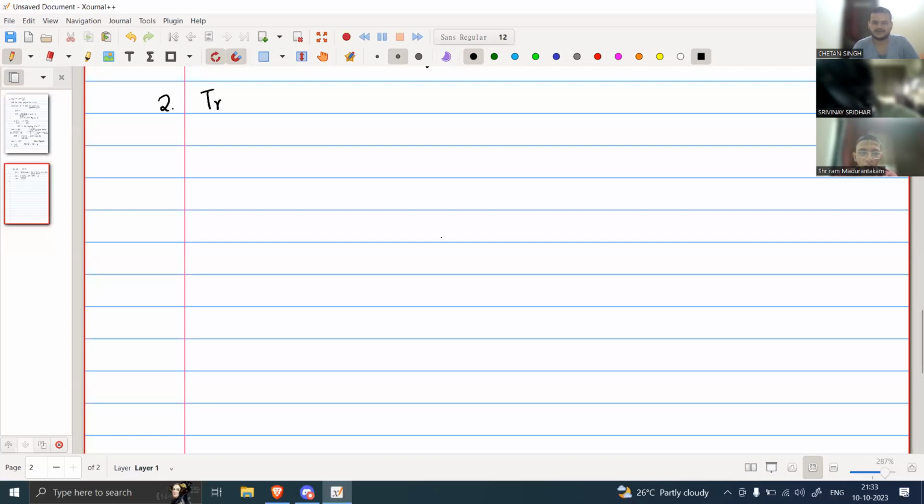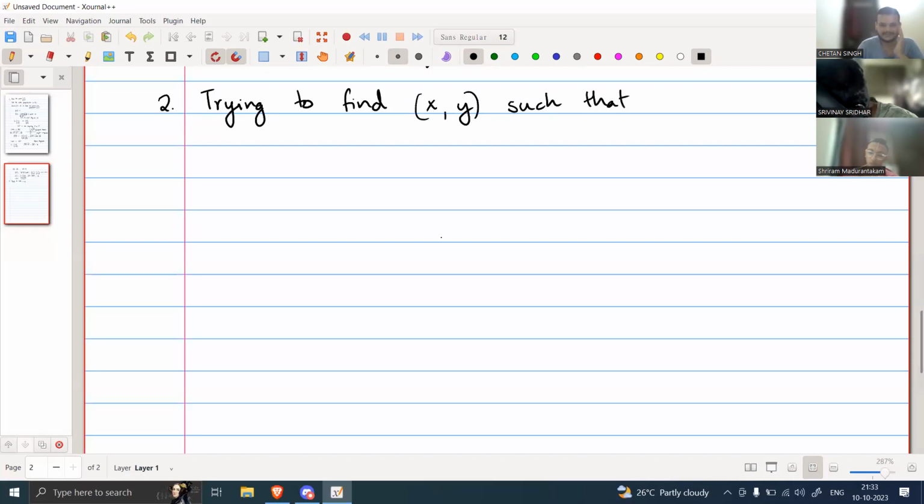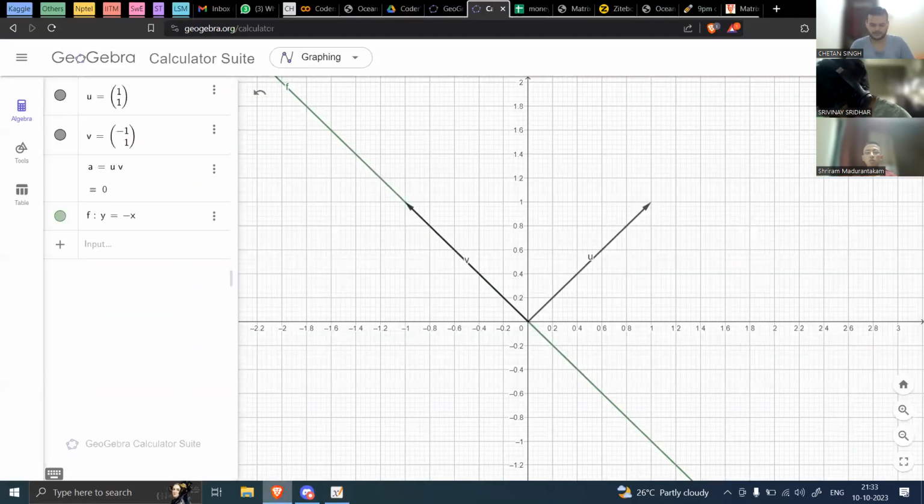We had a row vector x comma y multiplied with the column vector 1 comma 1 equals 0 comma 0. What is this x comma y? Can anyone relate this to the graph we just saw on GeoGebra, that figure of one vector and a line?